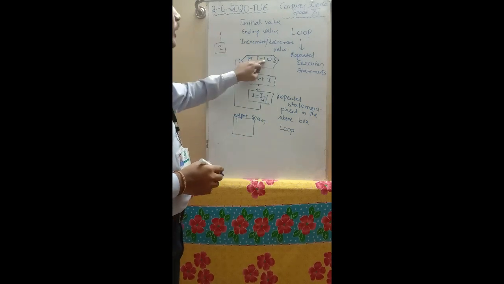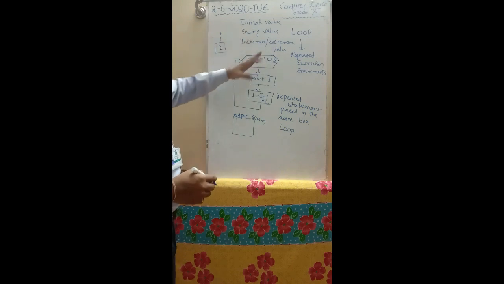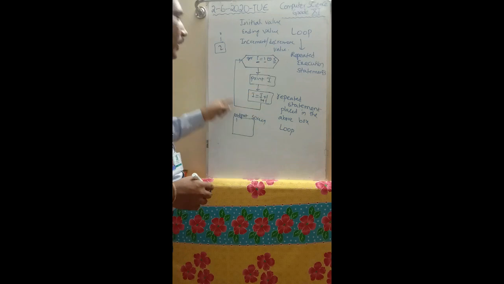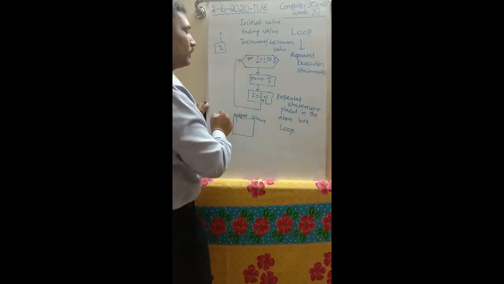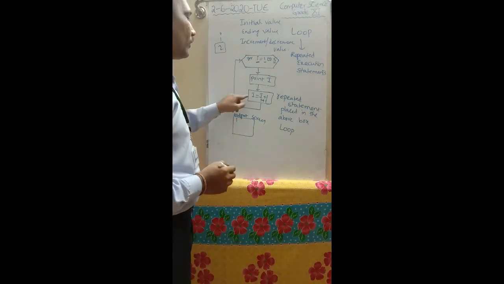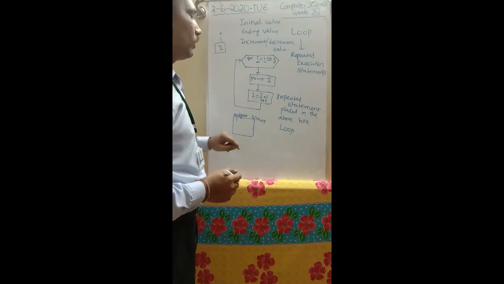See here, I is a loop control variable. The initial value is 1, and the ending value is 5. I varies from 1 to 5. In every iteration, it increments by 1. I is equal to I plus 1. First, when I is 1, it prints 1. After completion of the statement, it comes to I is equal to I plus 1.